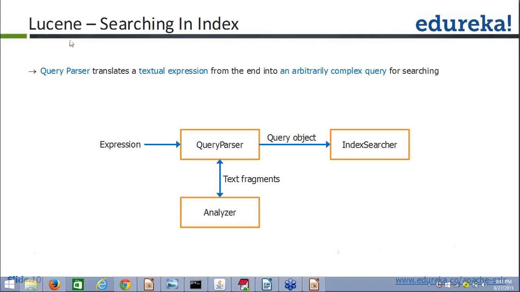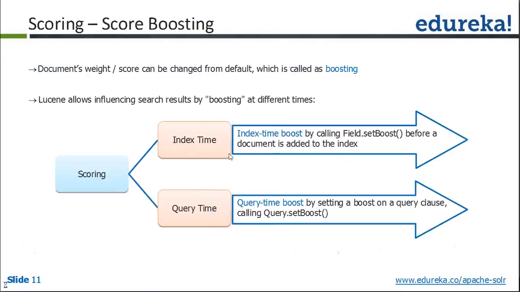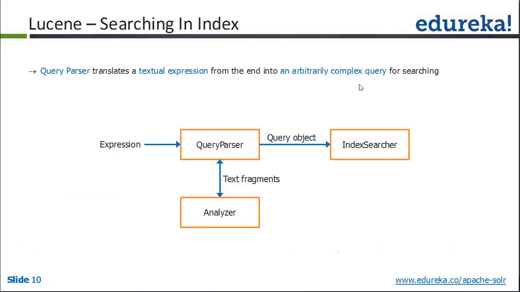So we have this query parser, which basically translates the textual expressions which have been given by the user, and they are converted into the arbitrarily complex query which Solr would understand. So you have expressions, you have a query parser which works on top of these expressions, and they're also analyzed as well. Sorry. So you have the query parser.